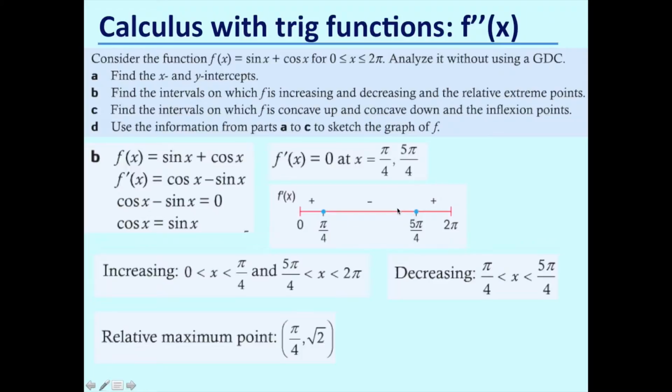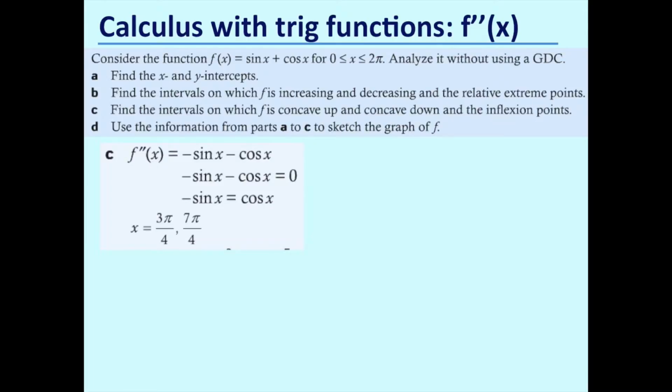Similarly at this point it's decreasing and then it's increasing, so it must have reached a minimum. So we need to find the y coordinate by taking pi by 4 and substituting it back into our original equation. And similarly, to find the coordinates of the relative minimum, we're going to take 5 pi by 4, substitute it back into our original equation, and we should end up with these coordinates.